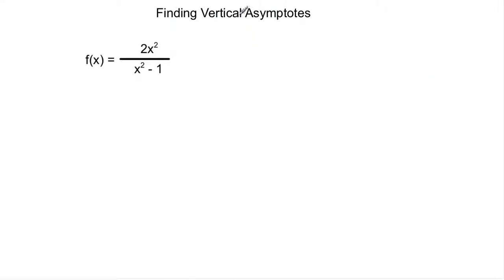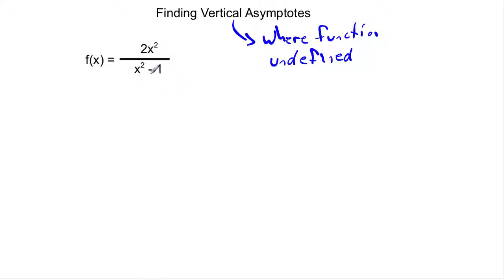Well, vertical asymptotes are going to exist where the graph does not exist. So finding vertical asymptotes is going to be where the function is undefined. Now, if we look here, this is a fraction.